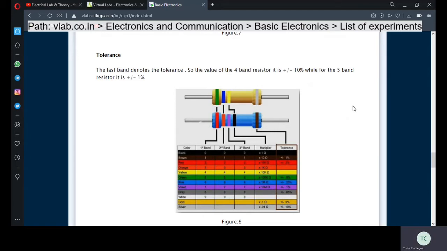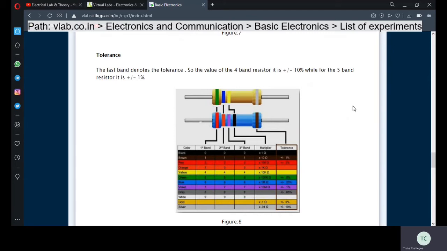That 237 ohm may come as 240 ohm, right? So if we denote a tolerance value, within that tolerance the value is acceptable.